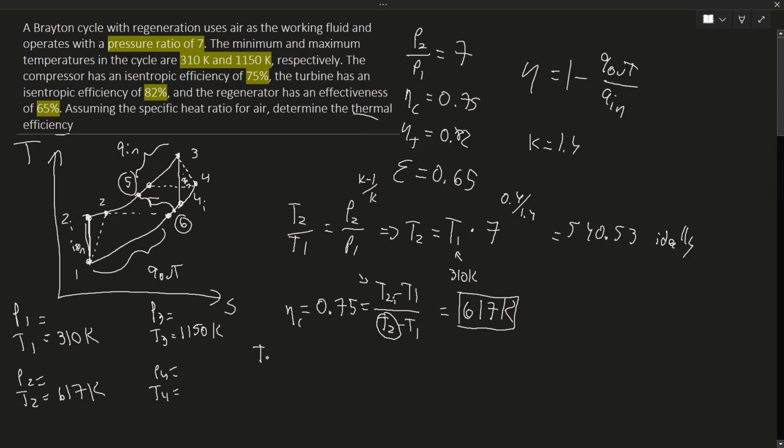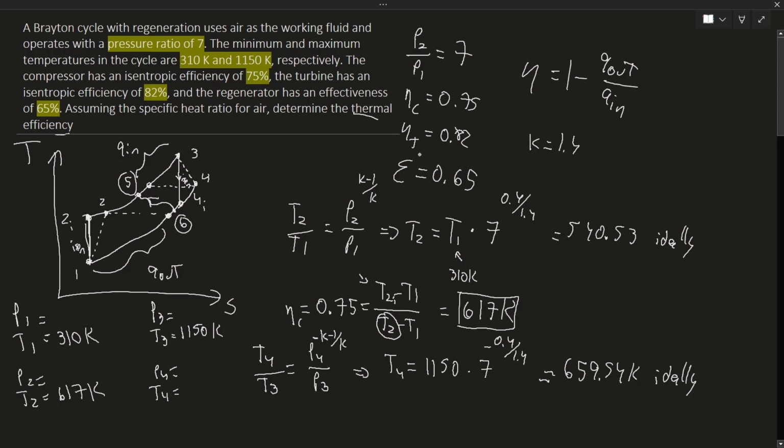Next, let's find T4 equals T3 times the pressure ratio to the power of negative (k minus 1) over k. Since we're going down, I put negative. So T4 equals T3, 1150, times the pressure ratio to the power of negative 0.4 over 1.4. This should give you, ideally, a temperature of about 659.54 Kelvin. You do the same as we did for the compressor.